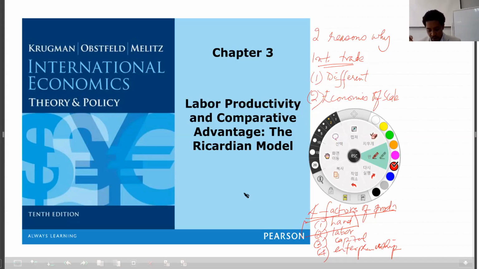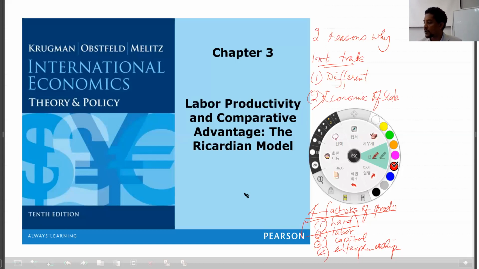We have three major objectives. The first objective is to explain how the Ricardian model, the most basic model of international trade, works and how it illustrates the principle of comparative advantage.